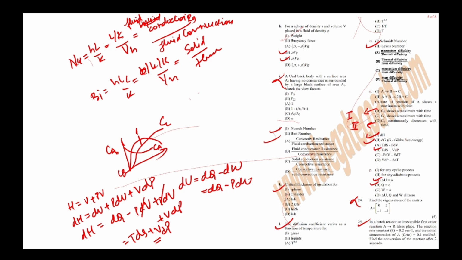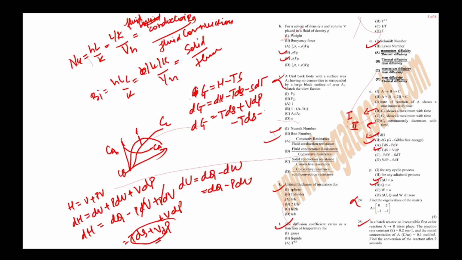And G is equal to H minus TS, so dG is equal to dH minus T dS minus S dT. If I replace dH with T dS plus V dP, the T dS cancels out. dG is equal to V dP minus S dT.